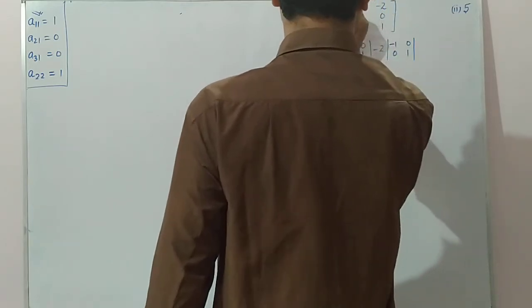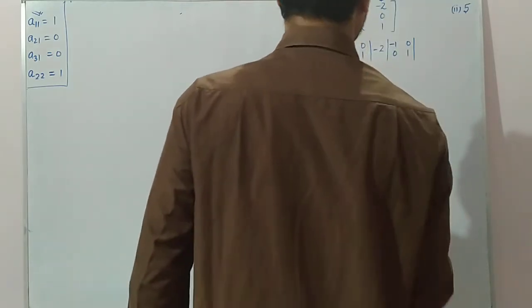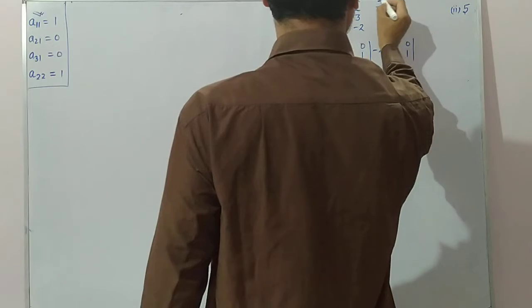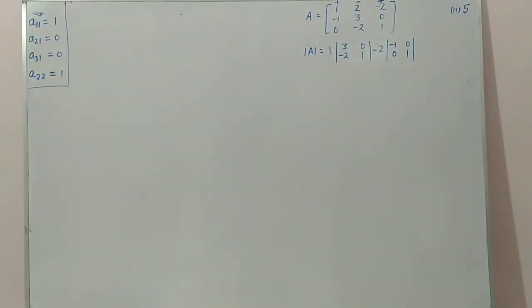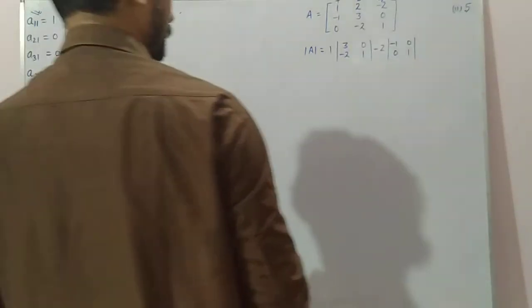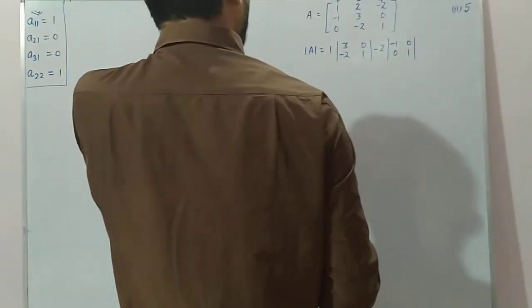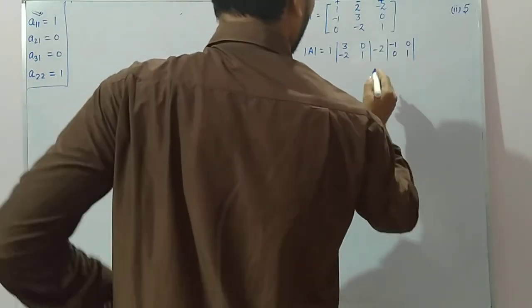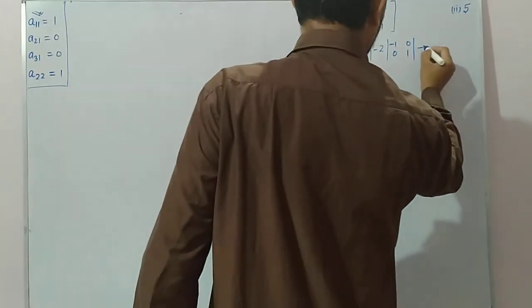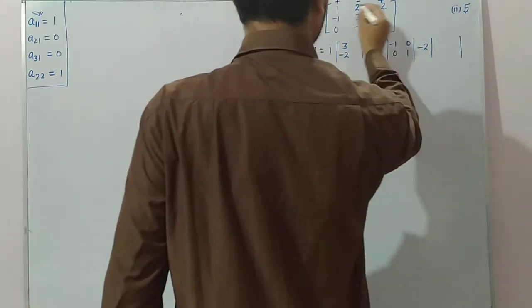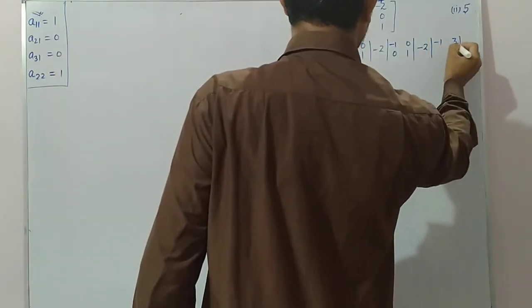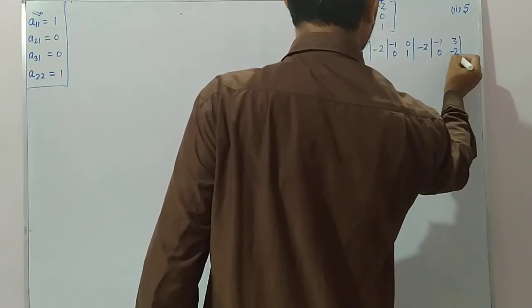Minus, this is plus minus plus, as we have determined the determinant. Okay, follow. So here minus 2 into minus 1 3, 0 minus 2.